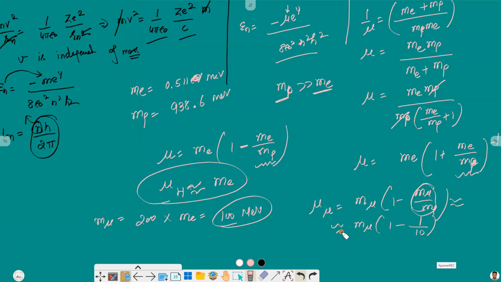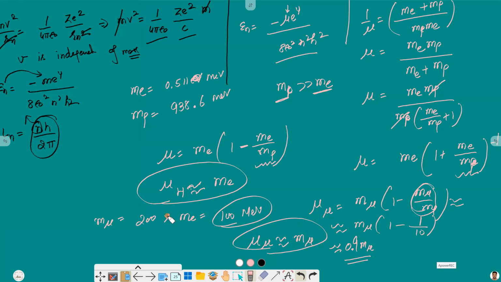I'm approximating it, so this mass will be 0.9 times the mass of muon. So the reduced mass in case of the muonic atom will again be comparable to the mass of muon. This is the approximation which I have used while solving this question, that I have directly used reduced mass as the mass of electron and as the mass of muon.